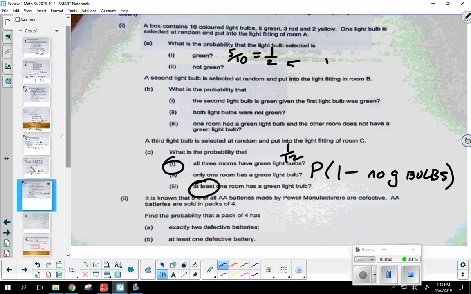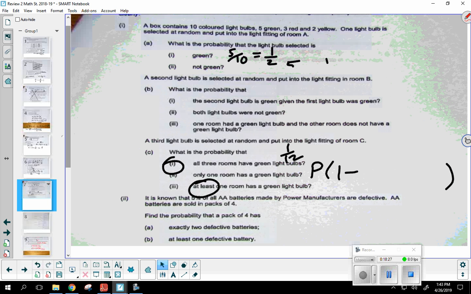Okay. So what I did here was I just subtracted the only branch that exists where none of the rooms got 3 green bulbs. Wait. Where none of the rooms have 3. Wait a minute. Okay, hold on, makes sense. Yes. All are not green.